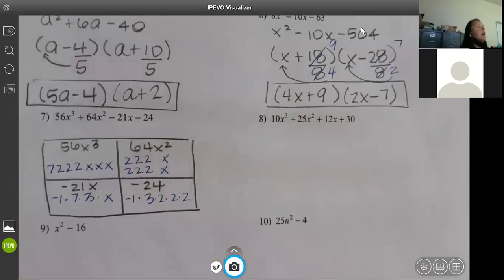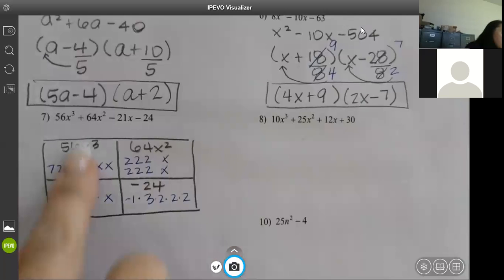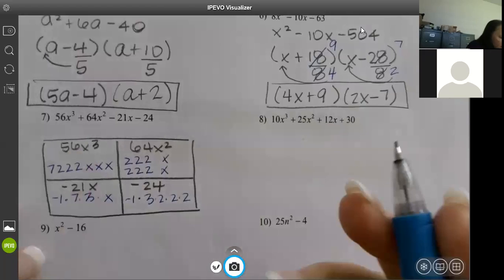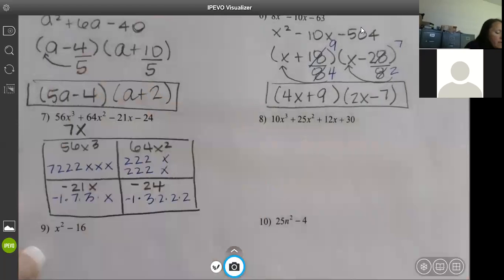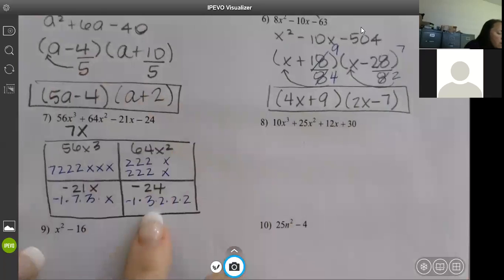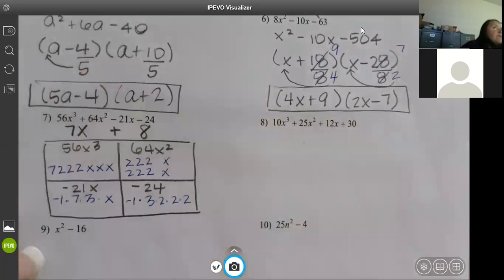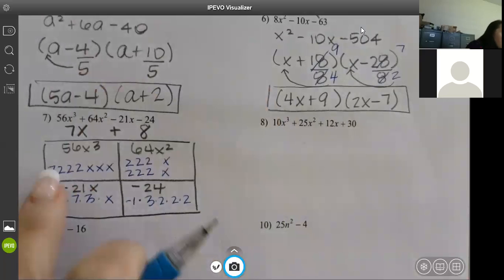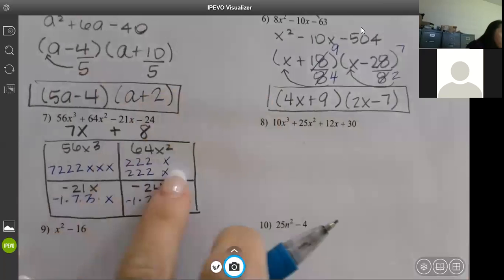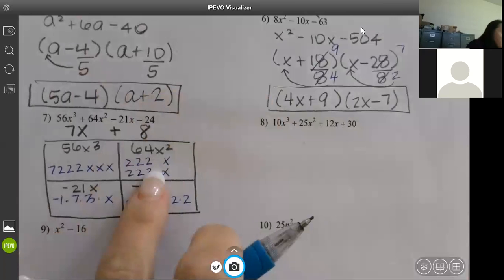And then we look top to bottom to see what's in common. What's in common in these two? 7 and an x. Good job, both of you. What's in common in this one? 3 2s, which is 8. So there's your first factor. Across the side, what's in common this way? 3 2s, which is 8.